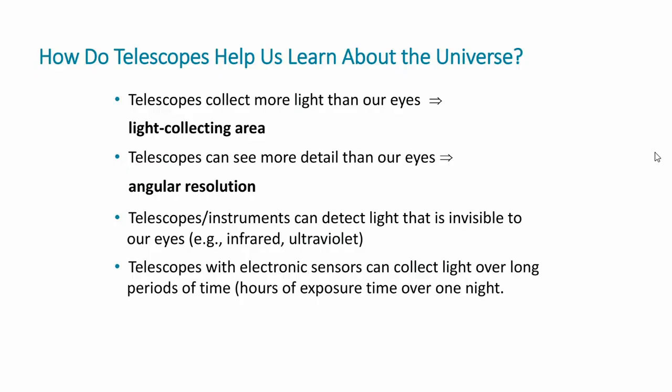And then recently we've developed sensors that, instead of just taking the amount of light that hits the telescope in one instant, can collect photons over a long period of time, potentially hours at a time, and so you get a much deeper, more sensitive measurement than if you were just looking through the same telescope with your eye.